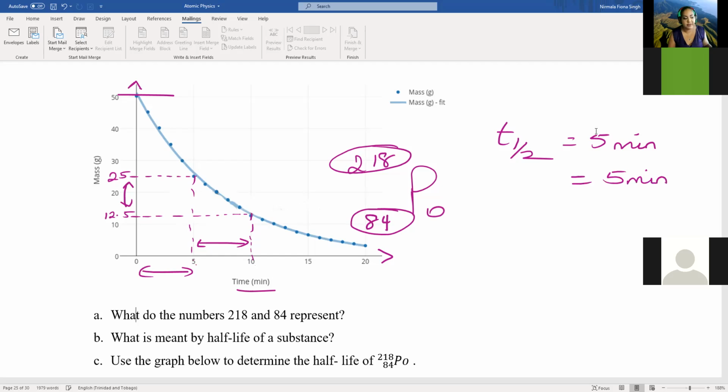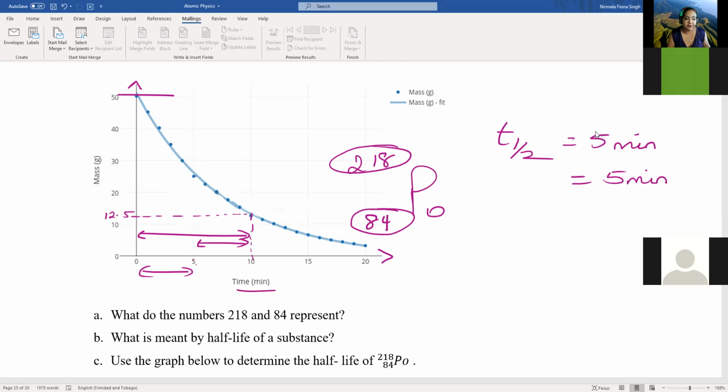Remember, when you're doing this, please don't make this mistake. You all did this in class, and I wanted to beat somebody because they clearly weren't listening. When you're reading half-life, you can't just read the time from the y-axis to where you're going. You have to take the time from your initial point to your half point.